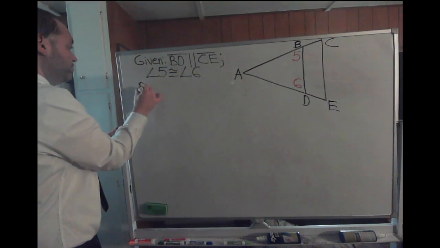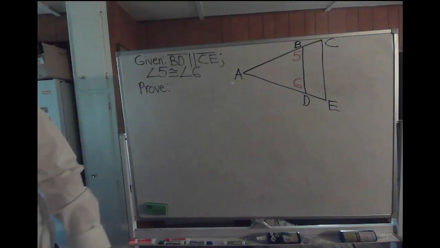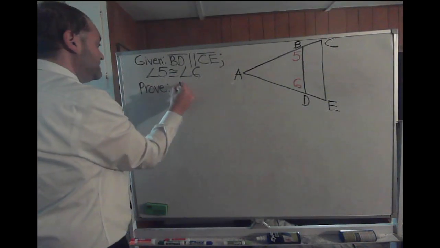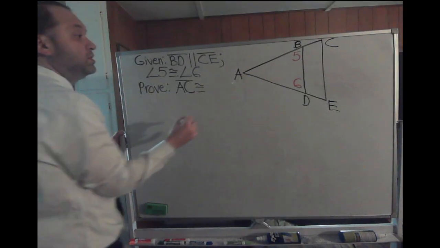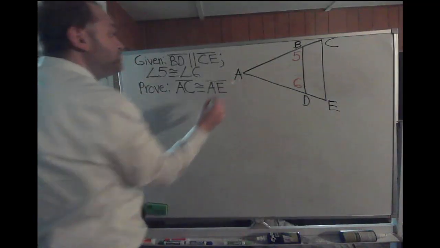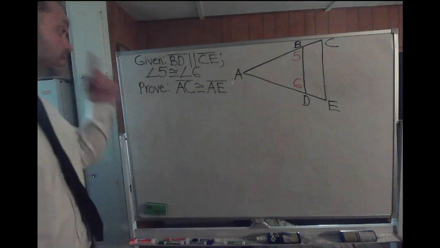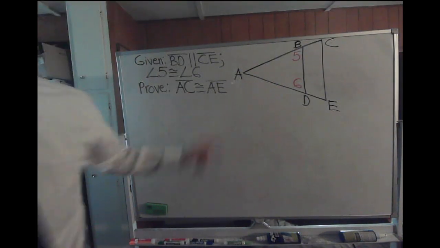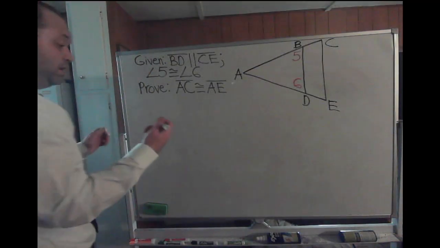What do we have to prove? So what are we proving out of this? That AC is congruent to AE. All right. So AC is congruent to AE is what we're trying to prove. So let's go ahead and set up our columns again here.